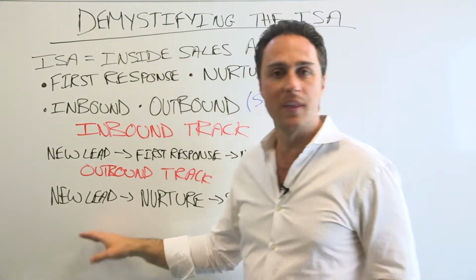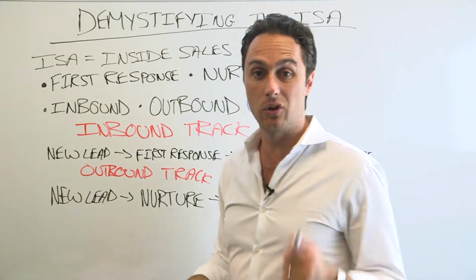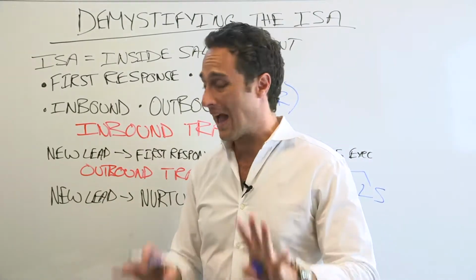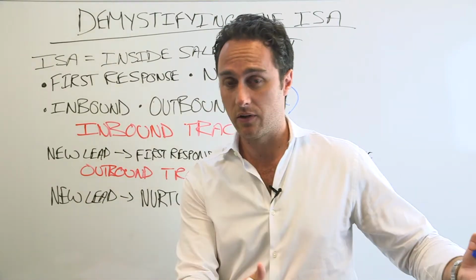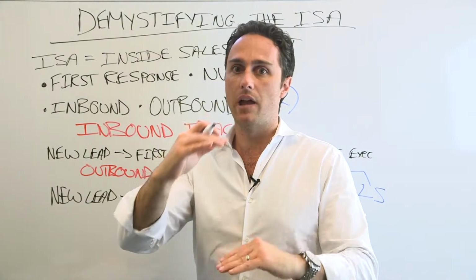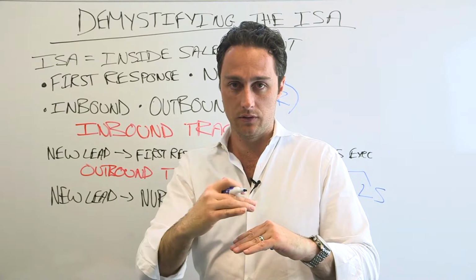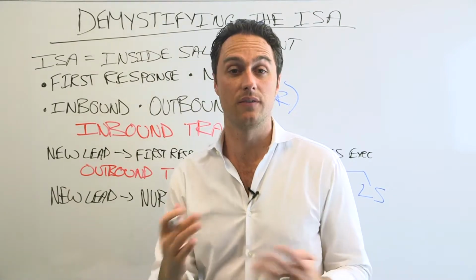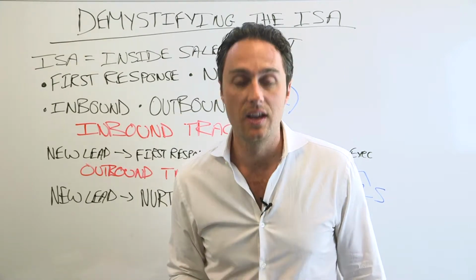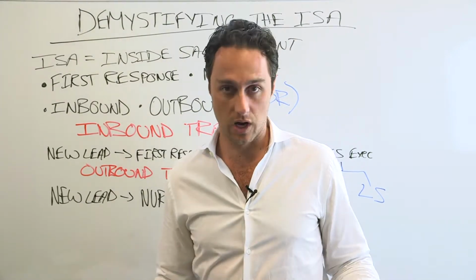And by the way, we'll go into this further on other videos, so make sure you look for it. But that new lead for your outbound, if you're actually going to build out an SDR team or an outbound team, you need to make sure that you have very strict specifications as far as what qualifies a new lead as a new lead, and that you don't end up with a database full of junk.